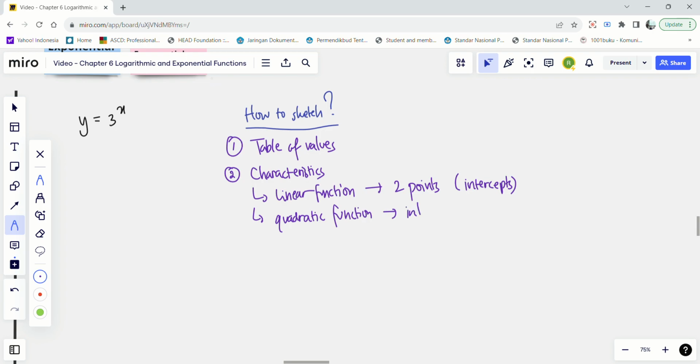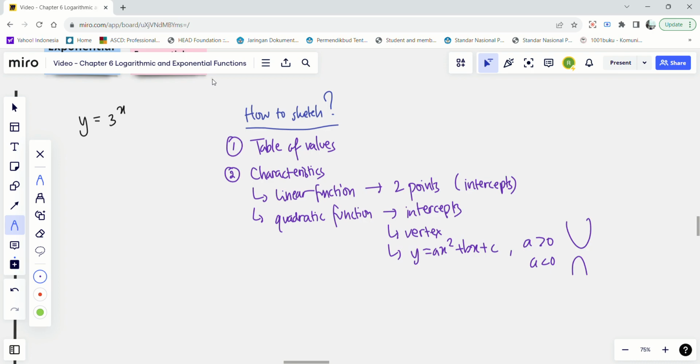We can look over the intercepts if there are any, and then we also find out whether there's a vertex or not, and then we figure out, if this is the generic equation, if a is more than 0, we know the shape looks like this, a less than 0, the shape looks like this, and so on. So intercepts, the vertex, and the look of the shape in general, those are usually the characteristics that we're looking for.